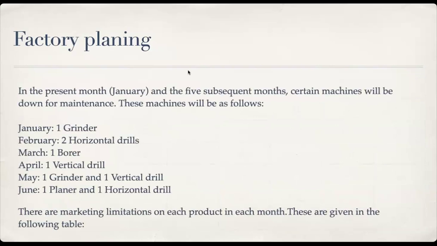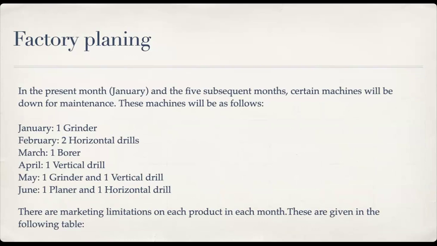So we plan for 6 months, from January to June. And we also have a plan for maintenance of the machines. For example, in January, one grinder will be in maintenance.